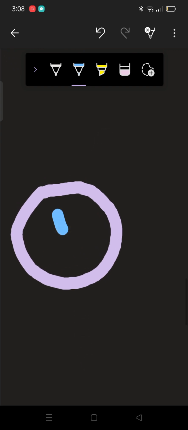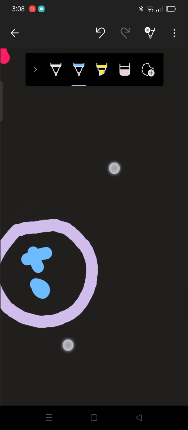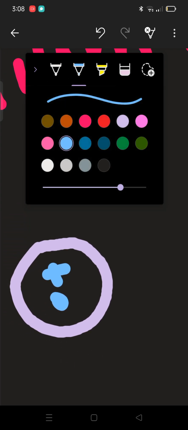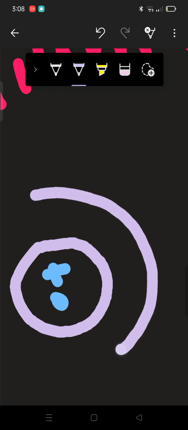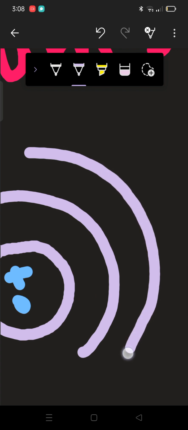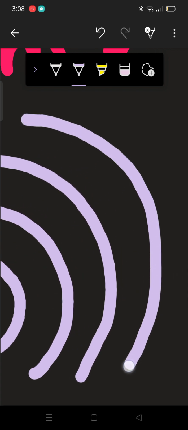Proton carries the positive charge and neutron carries no charge, so I am representing it with a naught. Electrons are present in the shells.